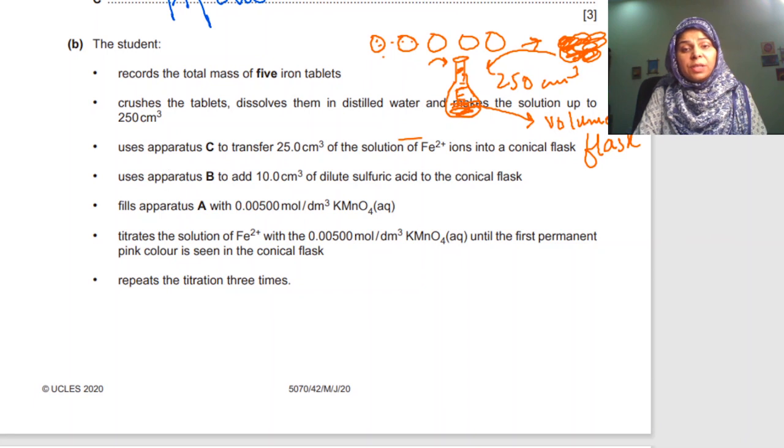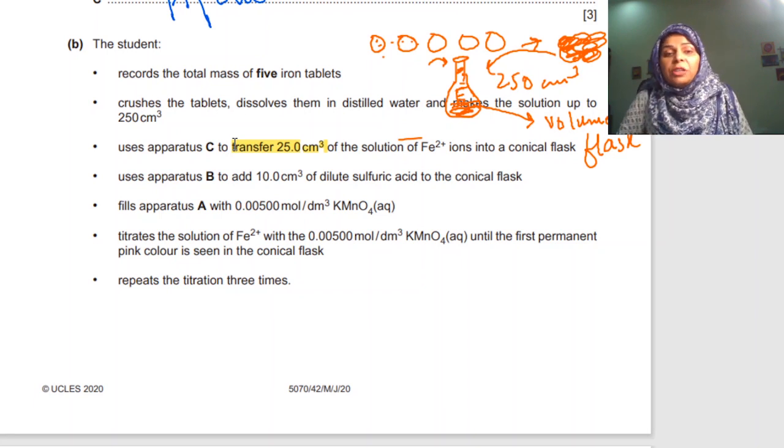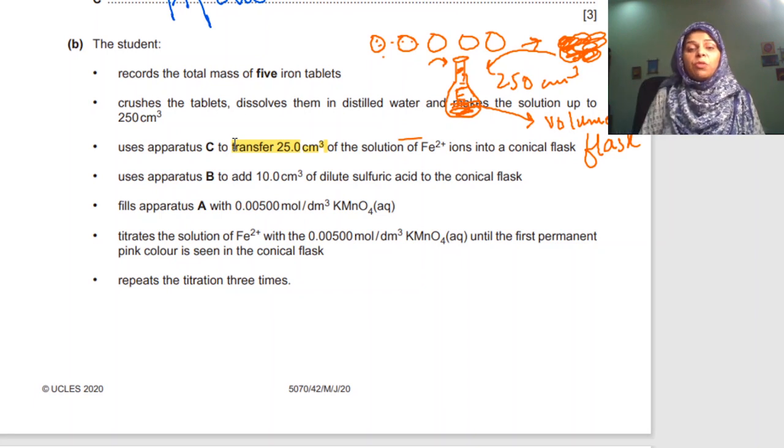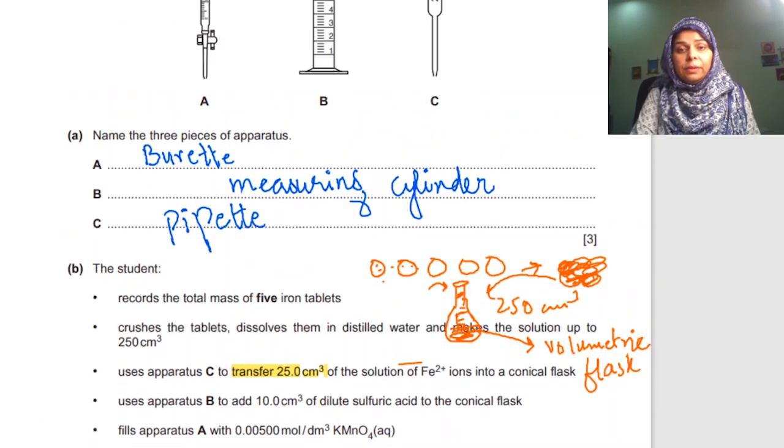Uses apparatus C to transfer 25.0 centimeter cube of the solution of Fe2 ions. Which is apparatus C? It will be the pipette, right?